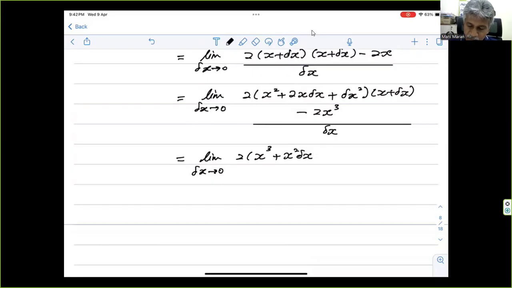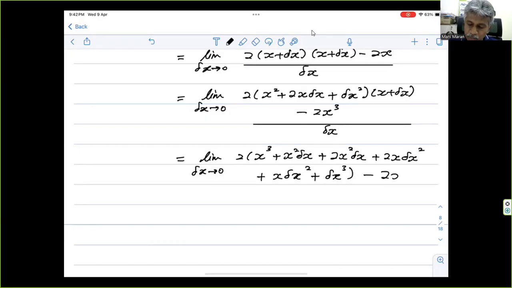And then you'll get 2x squared delta x plus 2x delta x squared, and then plus x delta x squared plus delta x cubed, and then minus 2x cubed, and then divide the whole thing by delta x. Okay, so copy first, then I'll explain.